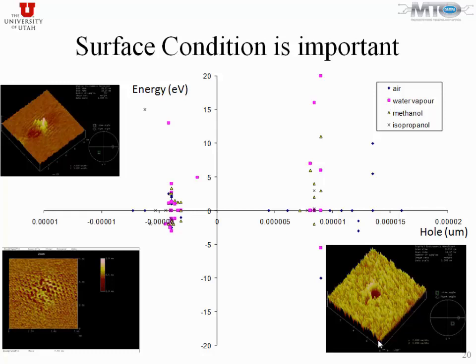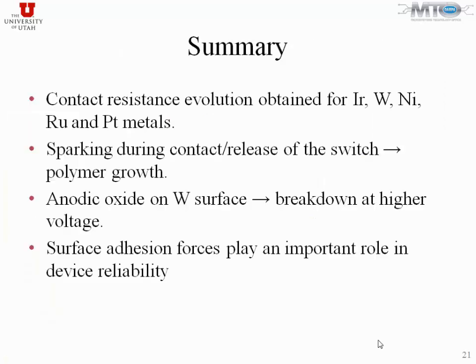So if you have the right environment on the surface, you can cause both these holes as well as hills. And in some cases, you rearrange the atoms and you end up with a situation like this. But no matter what, there is no anodic oxidation, so this is much better than tungsten. And since this is a close-packed structure, it may give you higher reliability. That is something that we are continuing.